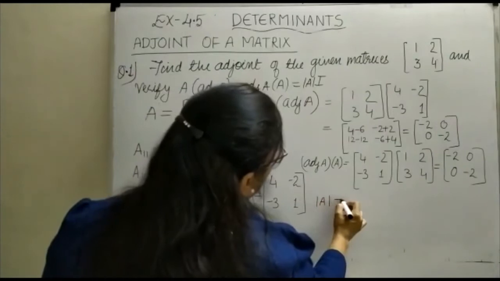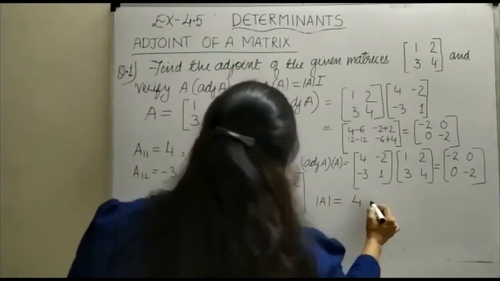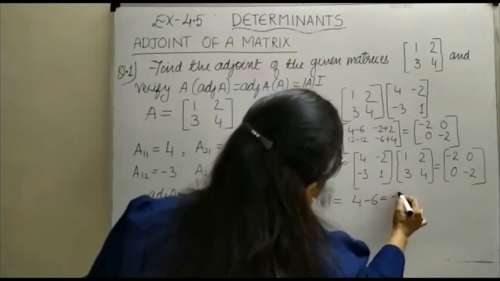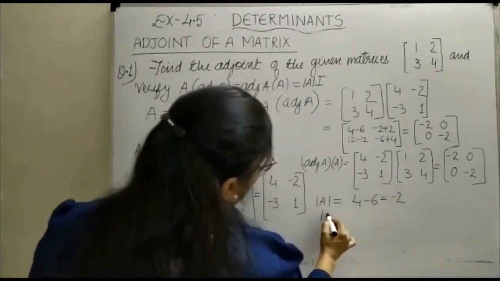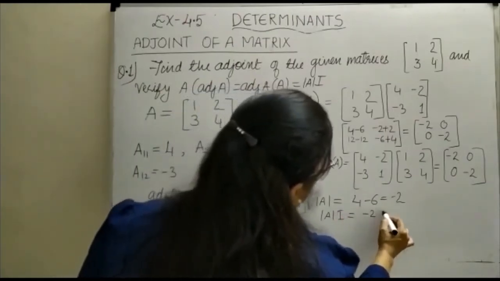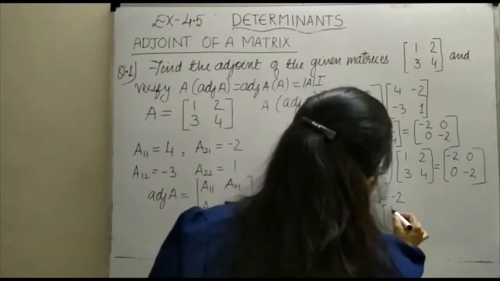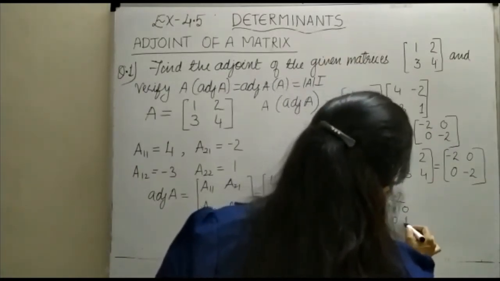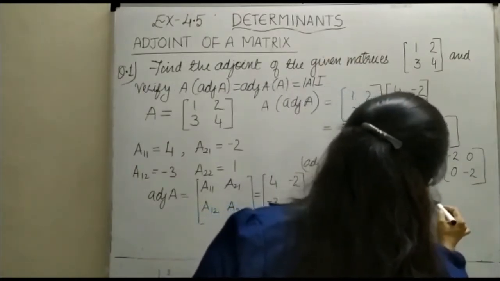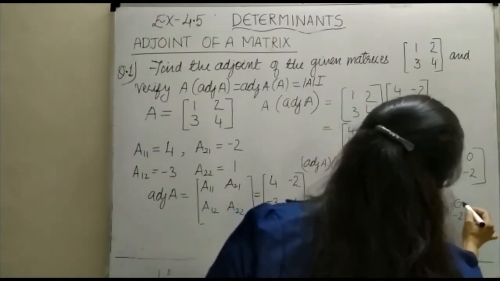Now let us find out the determinant A. What is determinant A? That is 1 into 4, 4 - 6, that is -2. When we multiply this determinant A by I, where I is the matrix of order 2 into 2, 1, 0, 0, 1, this will give you -2, 0, 0, -2.